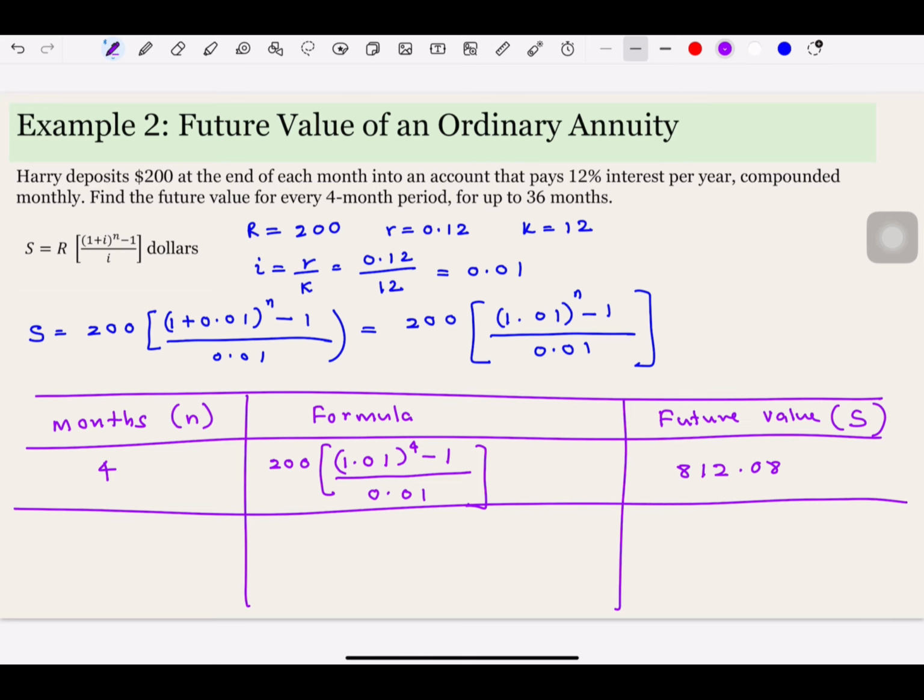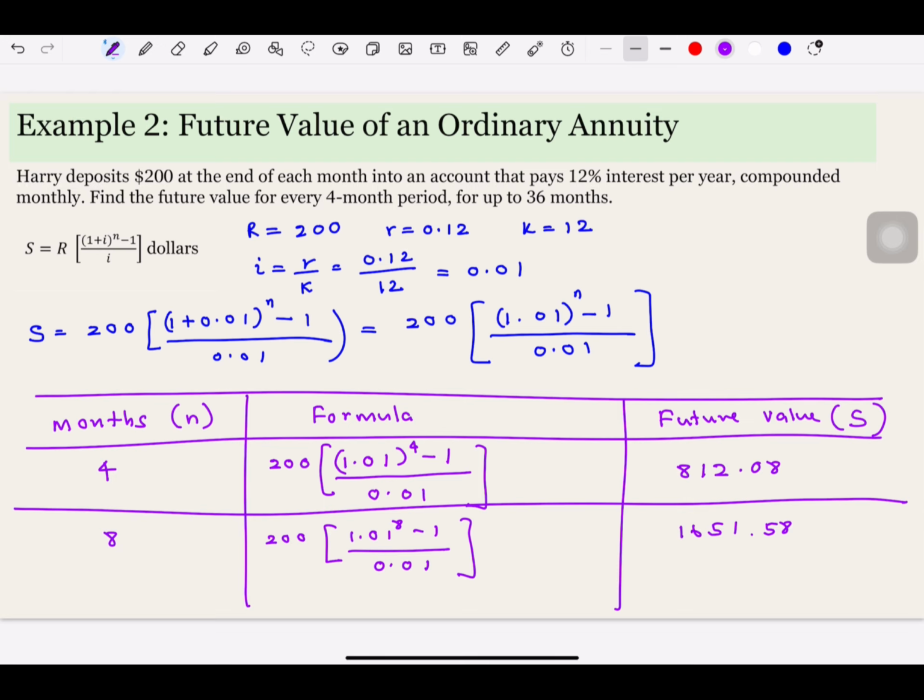Moving on, next let's calculate the future value at the end of 8 months. So to get that value, you have to substitute 8 into your n. So that's going to be this. If you use your calculator to evaluate this value, it's going to be $1,651.58.